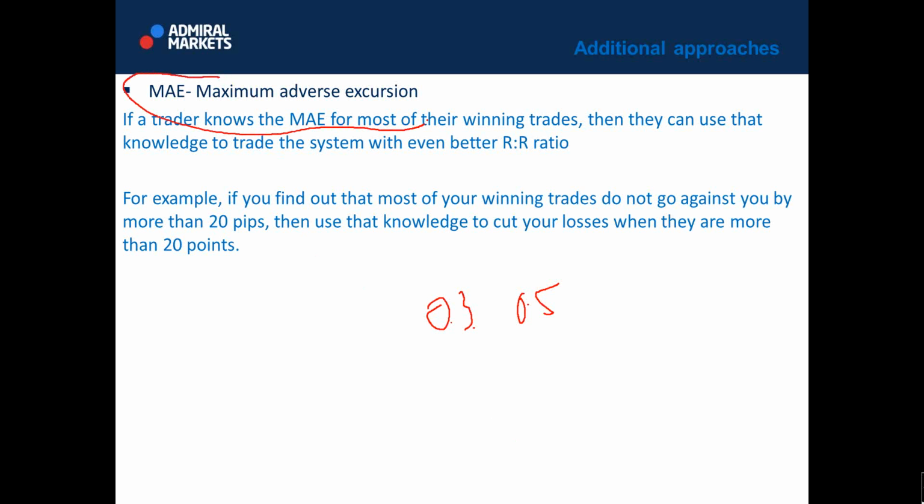This is very important knowledge, guys. I don't know if you already knew about this, but if you haven't, then please learn it, analyze your trades. Okay? Why would you put a stop loss of 45 pips if you find out that your trades do not go against you by more than 20 pips?